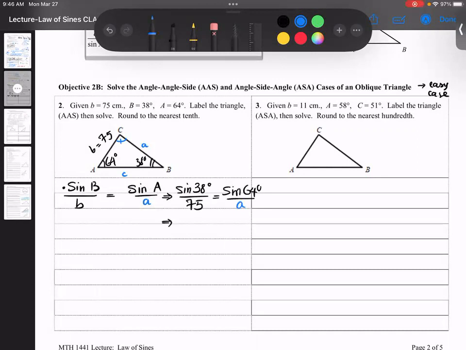Cross multiply, right? You can take 75 times sine 64 degrees divided by sine 38 degrees.